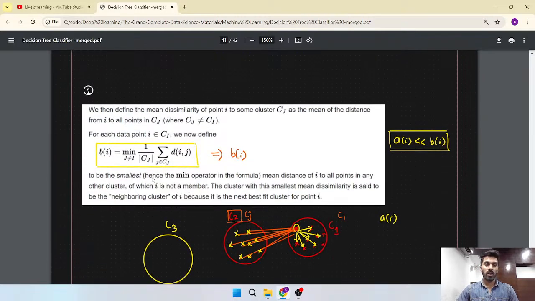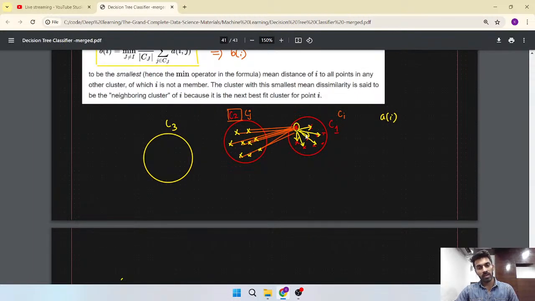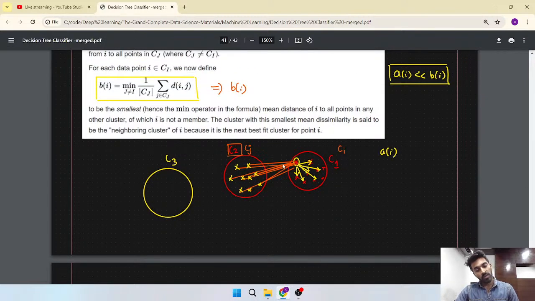If your model has b(i) greater than a(i), then this is good, because you are finding a distance within the cluster, and again a distance to another cluster, and the distance to another cluster is high. b(i) is the distance from another cluster.